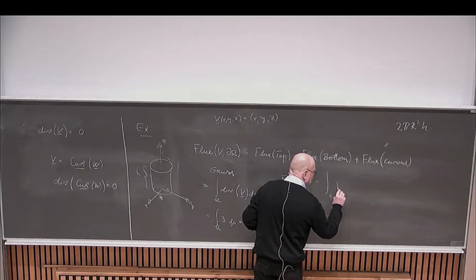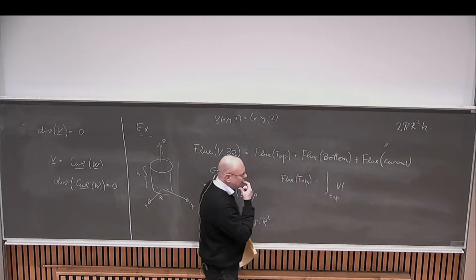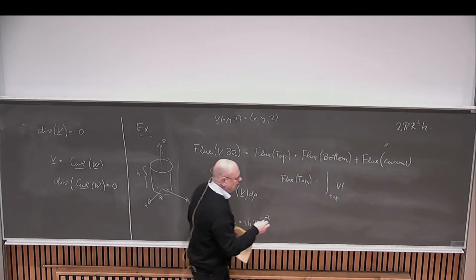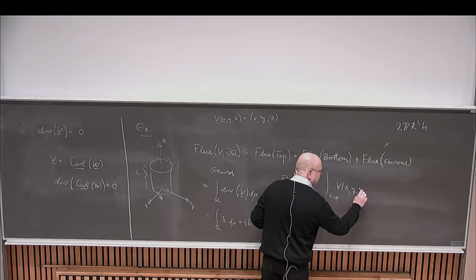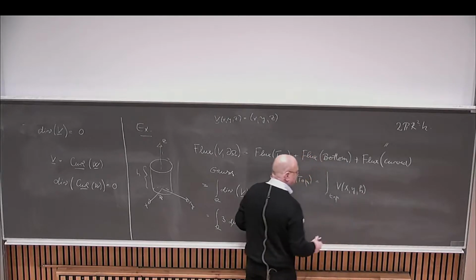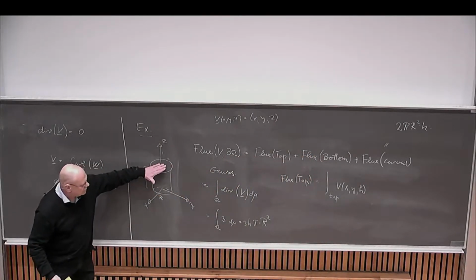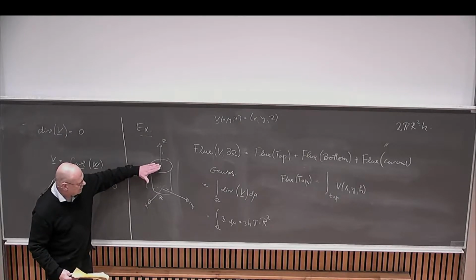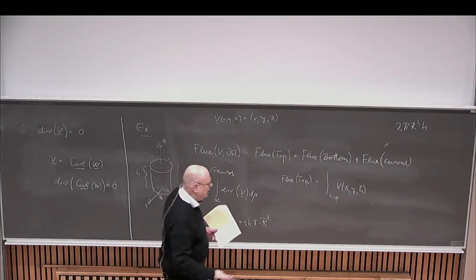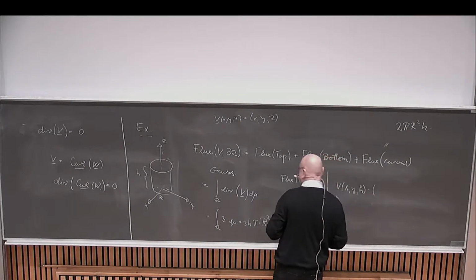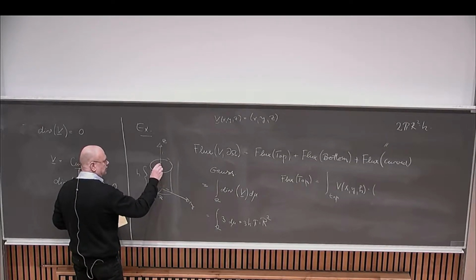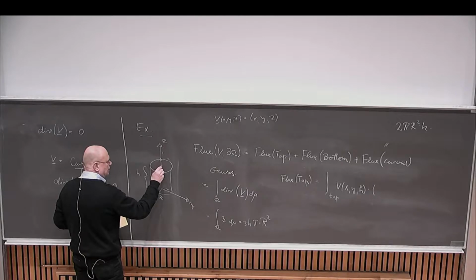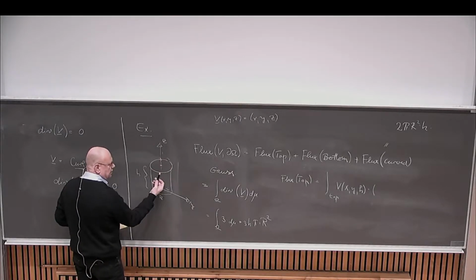I have the vector field, but I have to evaluate it at the top, so I get the coordinates x, y, but the z coordinate is h, constant. You are at this top surface, and the height here is h. And then I need a unit normal vector at the top. You see here, it's pointing in the z direction, so it's 0, 0, 1.